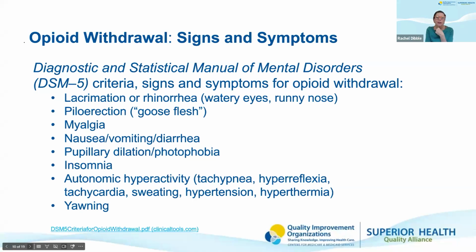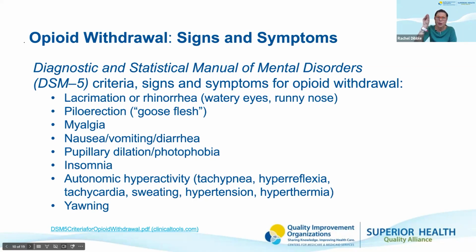So it includes lacrimation or rhinorrhea, and that's just really watery eyes and your nose just running, won't stop. When you have goosebumps or goose flesh, piloerection, myalgia, nausea, vomiting, diarrhea, some photophobia, and pupil dilation, meaning your pupils get big, as opposed to pinpoint.